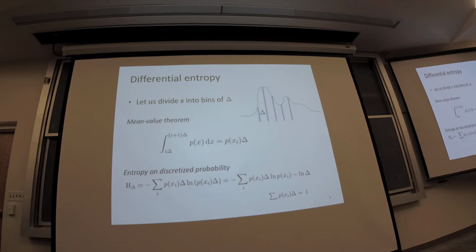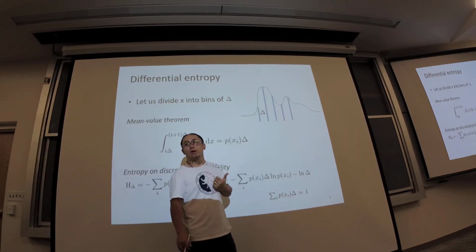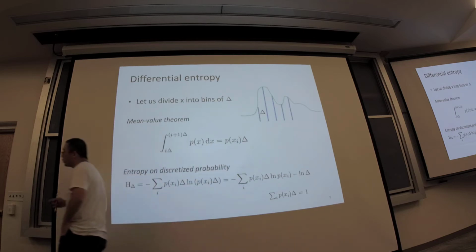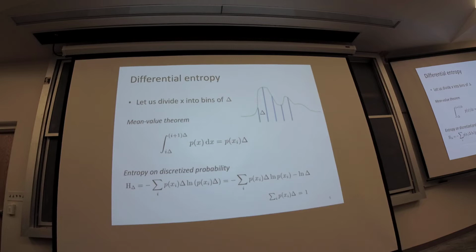We can do the discretization. We first try to discretize the continuous random variable into some discrete random variable. How can we do that? Suppose we're doing one-dimensional, it's scalar. So we can partition the range of the continuous random variable into many small bins, right?